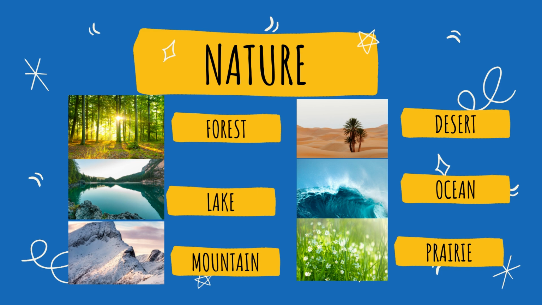Where you see large bodies of water, those are most likely to be oceans. And then there's prairies. Prairies have a lot of grass, have plants, have shrubs and vegetation, but they don't have many trees, and they're very good for farming.